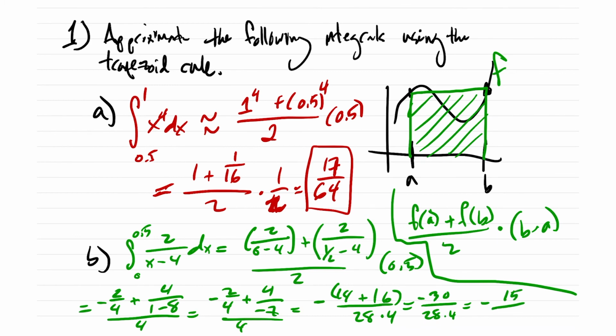Yep, that's co-prime with 15. Okay, so 2 times 28 now is going to be 56, I think. So there you go. Yep, and that's it. That's the trapezoid rule, and that's the answer there.